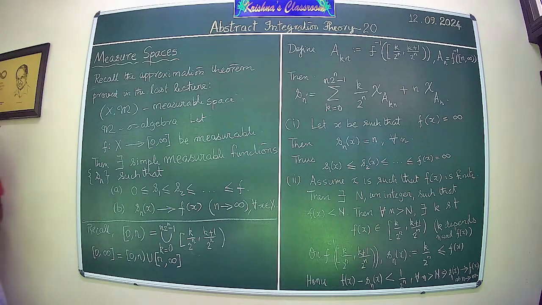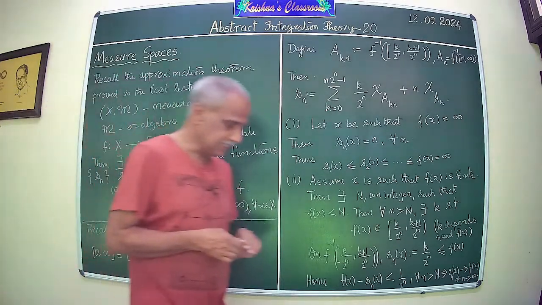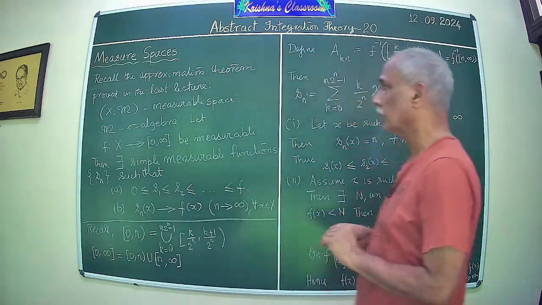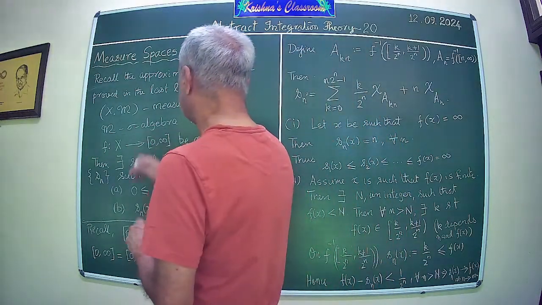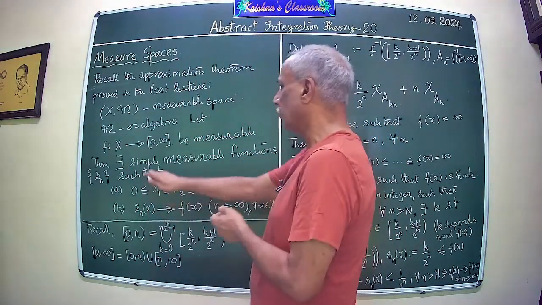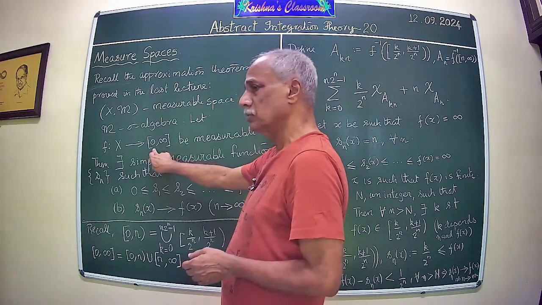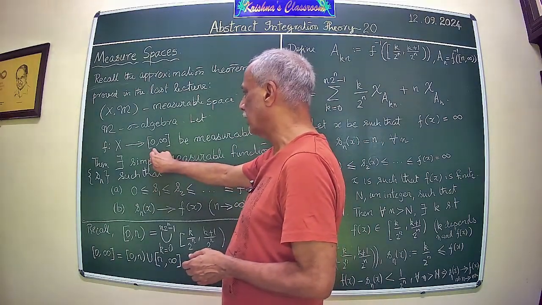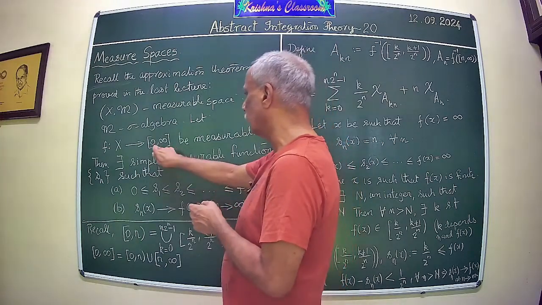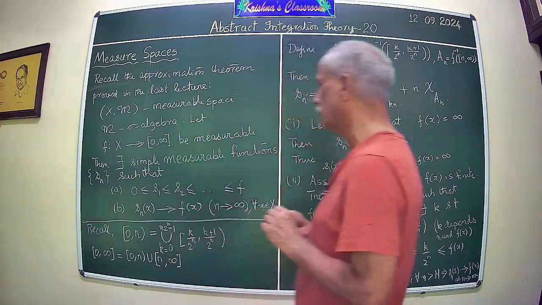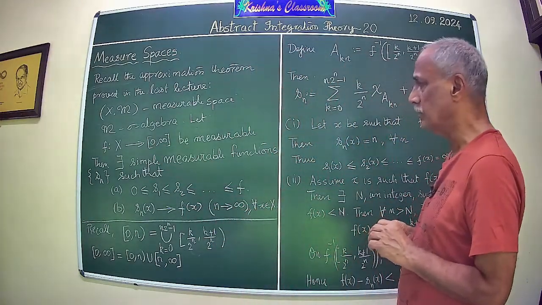So recall the statement of the theorem. You have X, M, a measurable space, M is the sigma algebra on that. Let f from X to the extended non-negative real line, that means 0 to infinity, infinity included, be measurable.